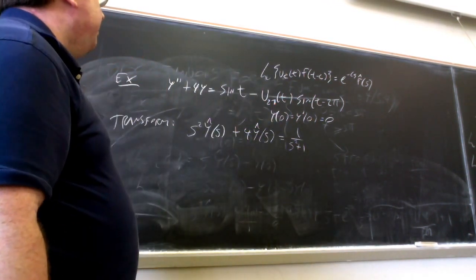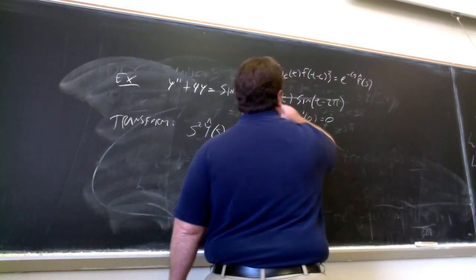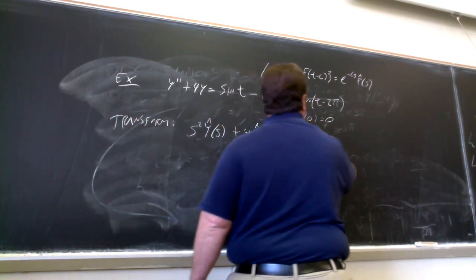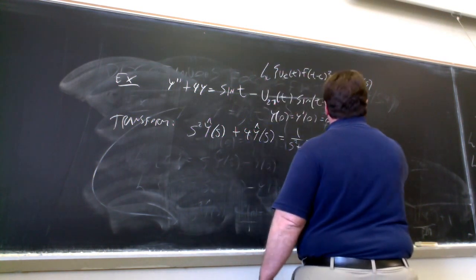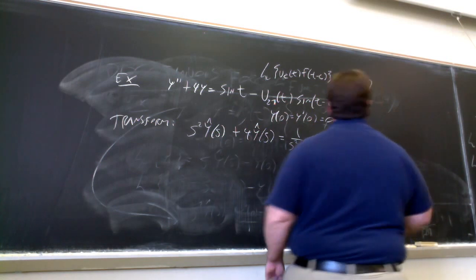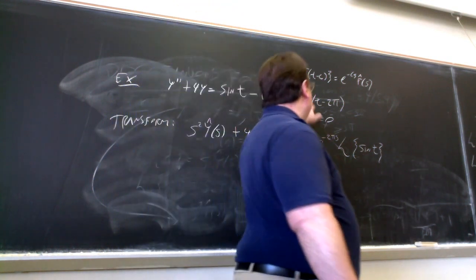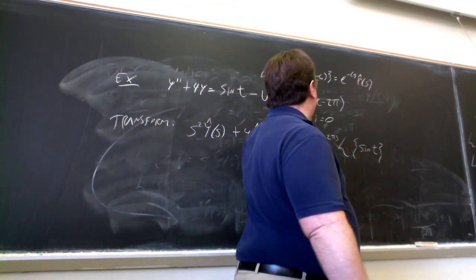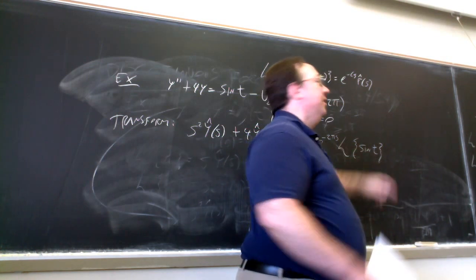And then to fit this rule, because of a step function, we're going to have e to the minus 2 pi s times the Laplace transform of sine t. The reason I'm writing that here is to emphasize that though the function needs to be written in shifted form to apply the rule, you actually transform the unshifted version.